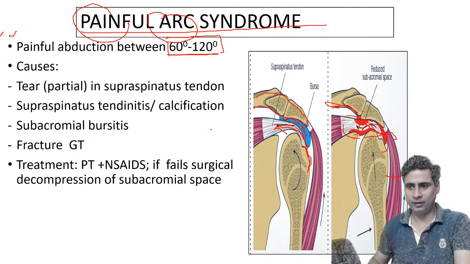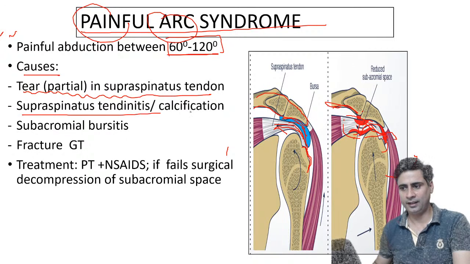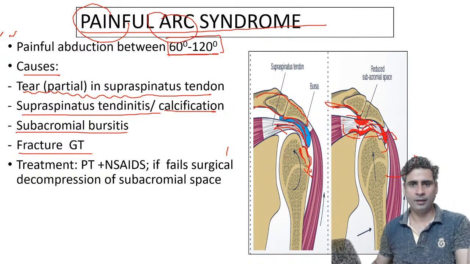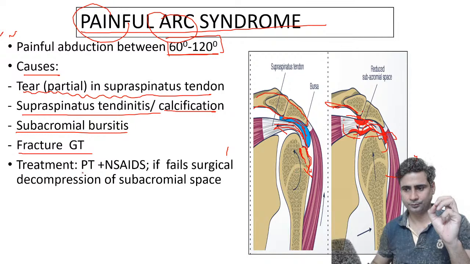So causes of painful arc syndrome are partial tear in supraspinatus tendon, supraspinatus tendinitis or calcification, if there is inflammation in subacromial bursa, if there is fracture of greater tuberosity. Treatment, most of the time conservative treatment is successful, that is anti-inflammatory drug and physiotherapy.